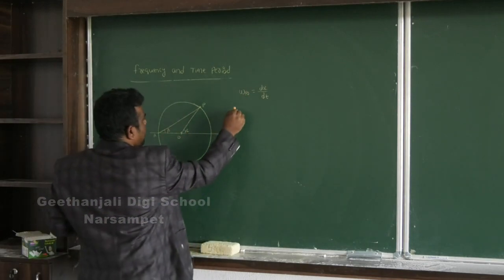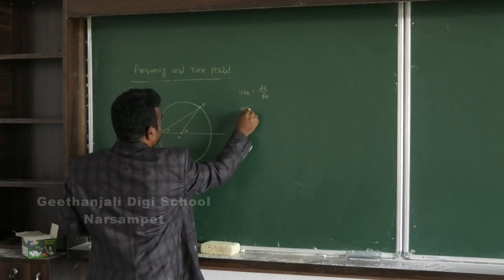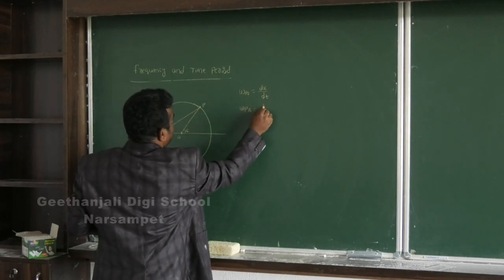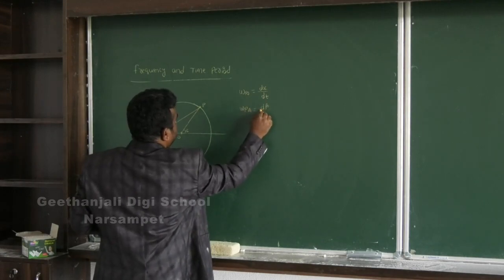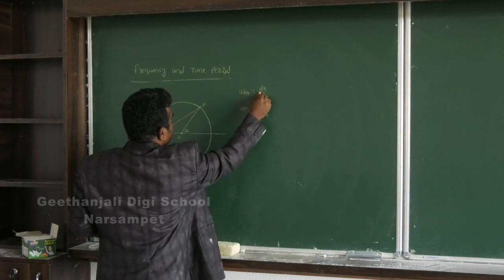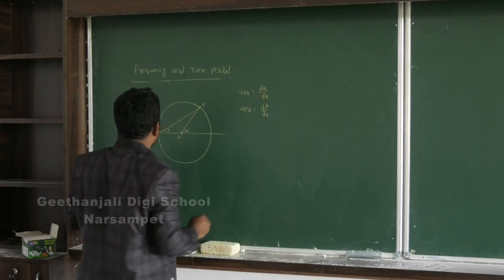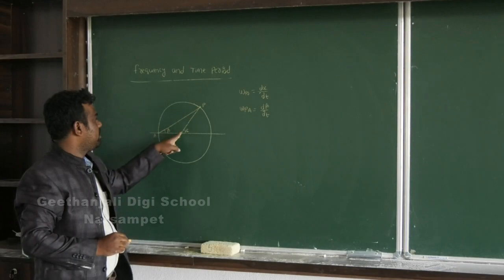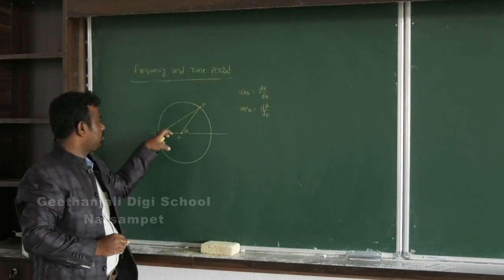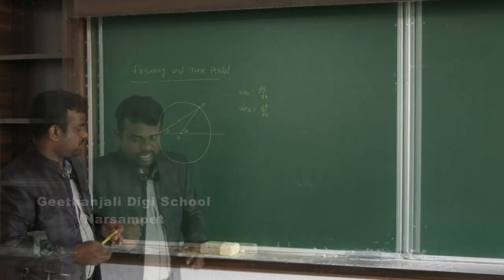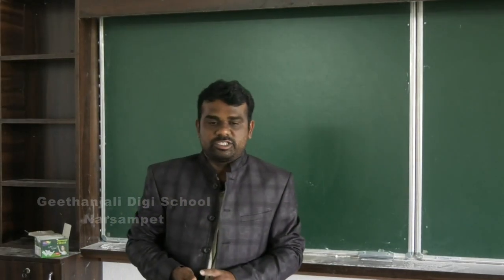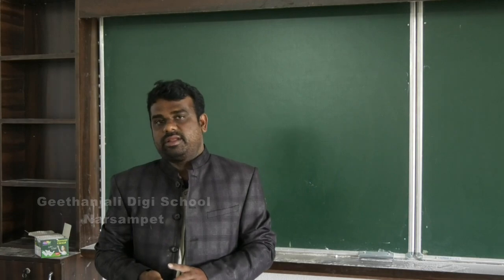Angular velocity of P with respect to A is d beta by dt. So these are different. The angular velocity of a particle with respect to different origins, different points, will be different. Let us discuss a few problems based on angular speed and angular velocity.